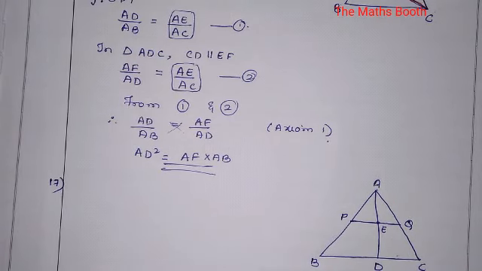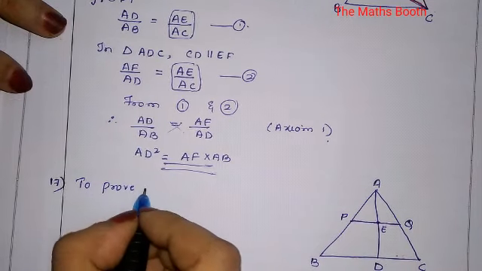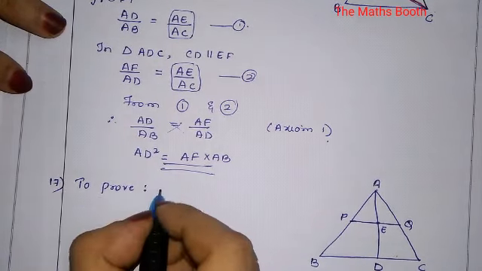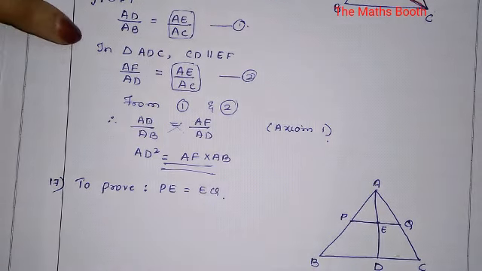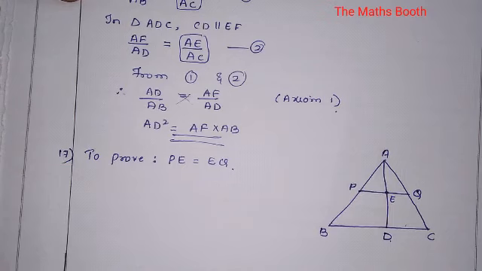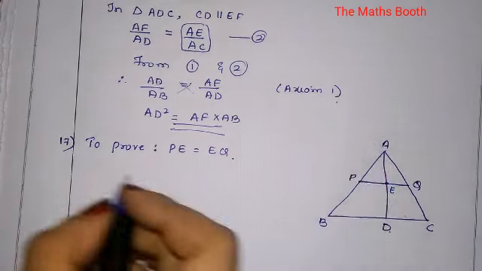Okay, let us start solving now. Our focus should be on what to prove first. Let me write what they have told to prove. To prove: PE should be equal to EQ. Okay, this we have to prove. Now to prove this, I'll focus on the triangles.